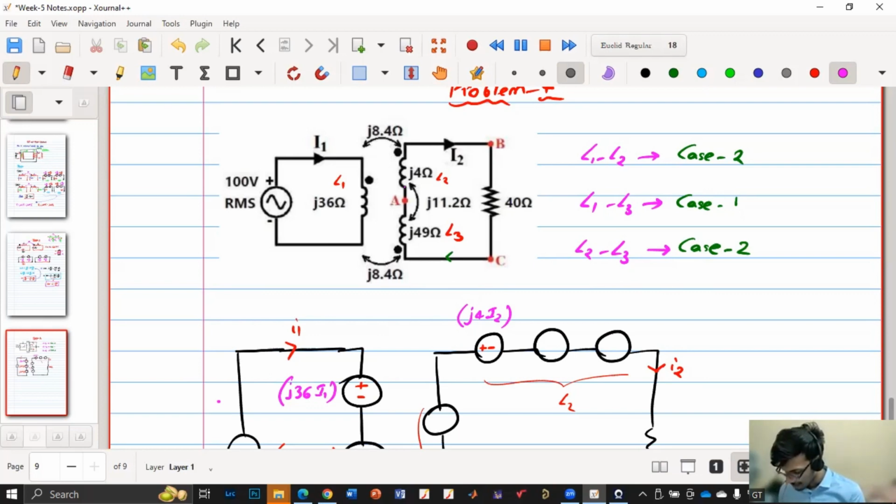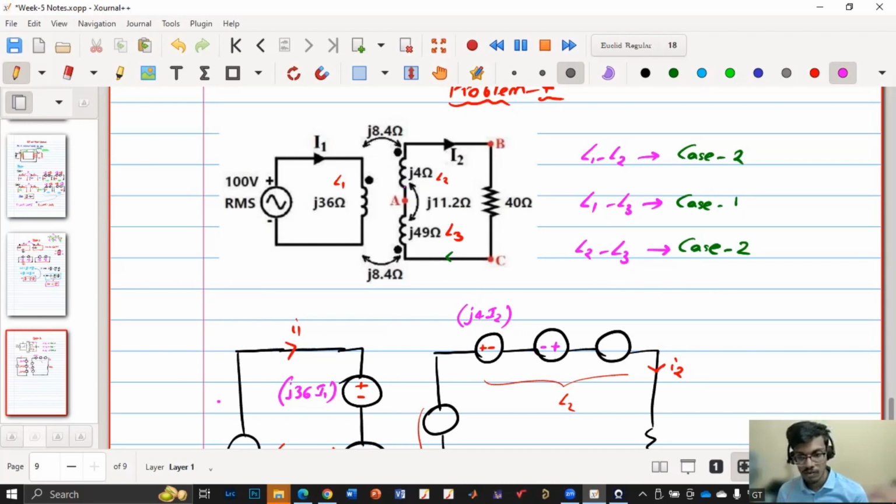Now L1 L2, then L2 L3. L1 L2 is case 2, so they'll have the opposite polarity. Minus plus. And L2 L3: in L2 it is leaving, in L3 it is entering, so again opposite polarity with respect to the self-inductance.